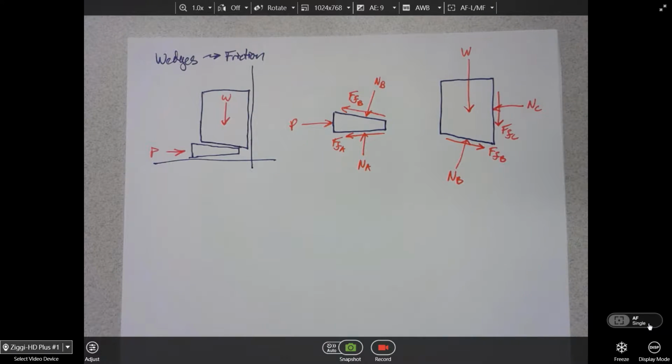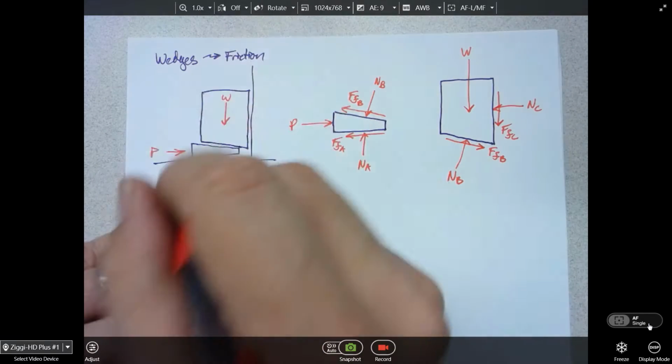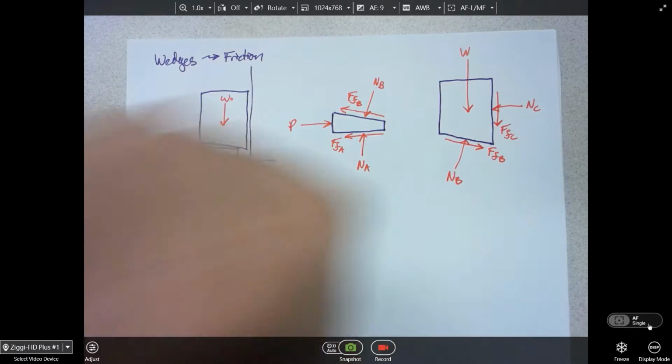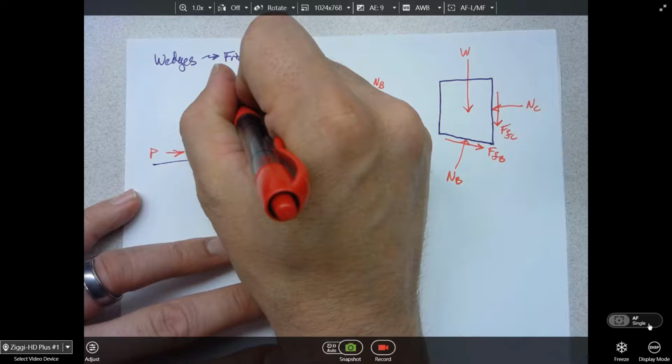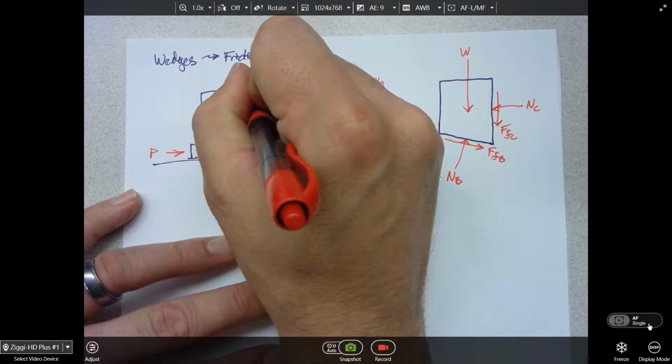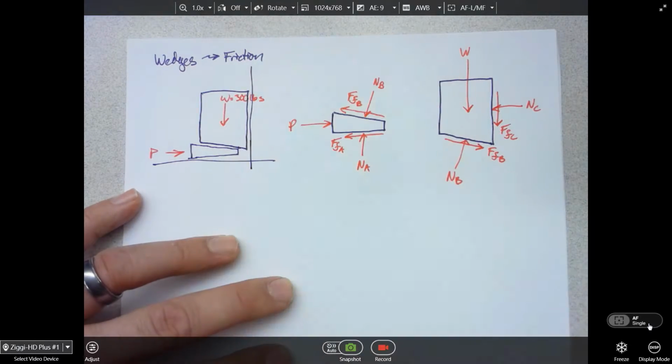Let's do this exact problem actually, and I'm just going to give some numbers to it. Let's say that the block that I'm trying to lift weighs 300 pounds.